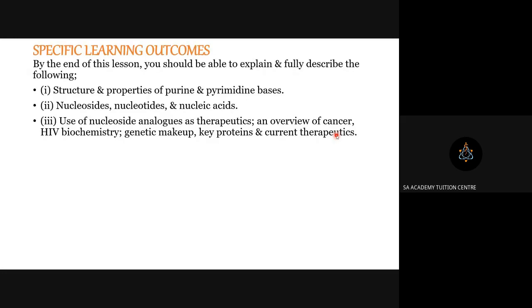So we have a ribose and a deoxyribose. A ribose sugar is found in RNA, in DNA. True or false? False. Why?